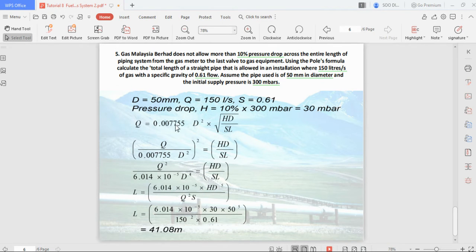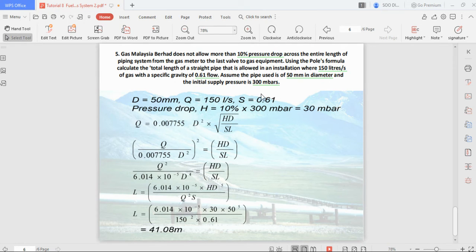The formula is the same, but you have to move it around to solve the question. So at the end of it, by solving the equation, you'll find that L is equal to 41.08 meter. Okay, so that's about it for the tutorial 8.